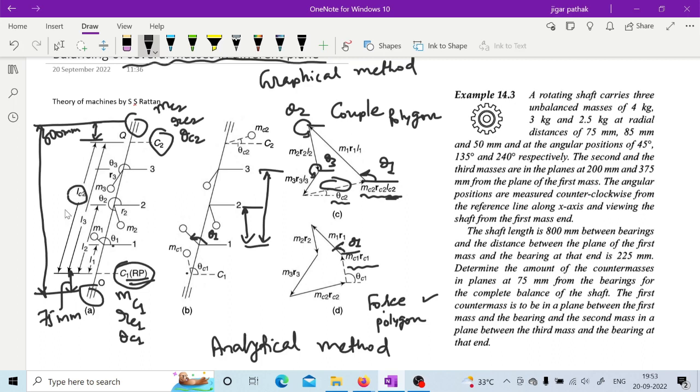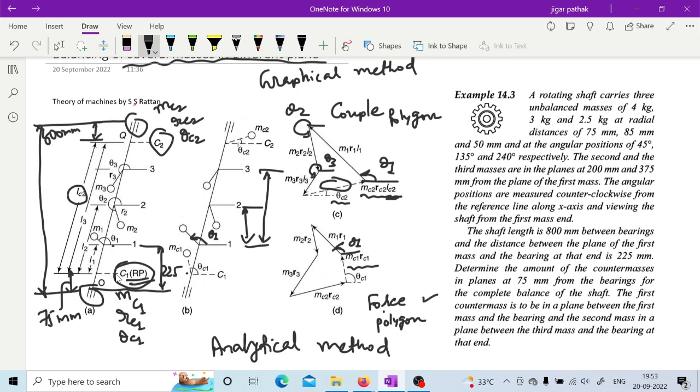So now you can calculate LC2, because you have this 75 mm and this 75 mm out of 800 mm. And the distance of the first plane from this bearing is given as 225, so it will help you in finding L1. Are you getting it?